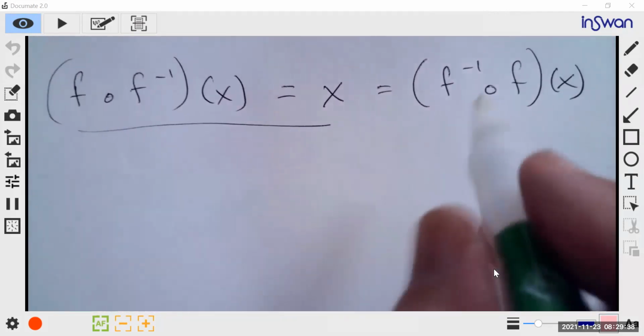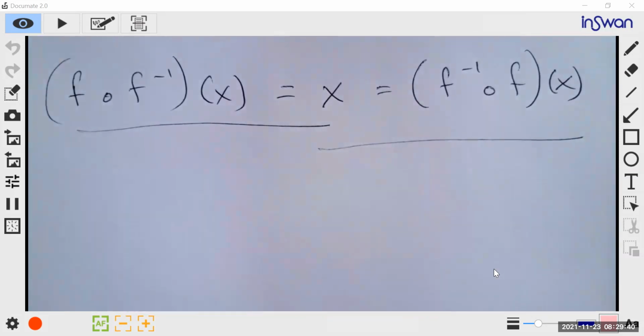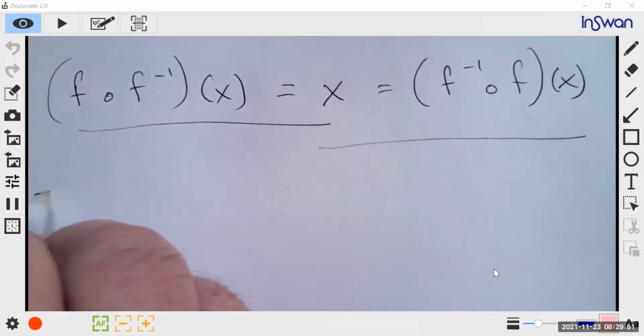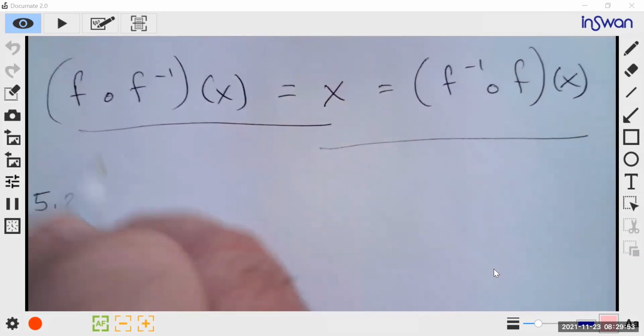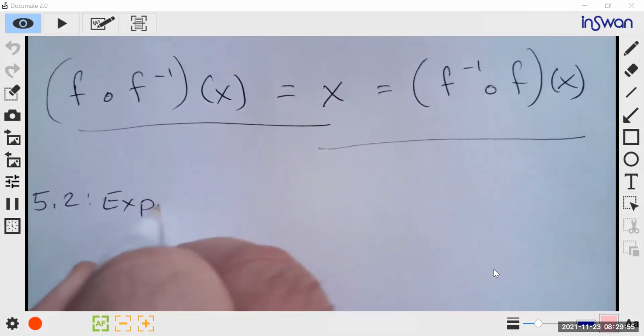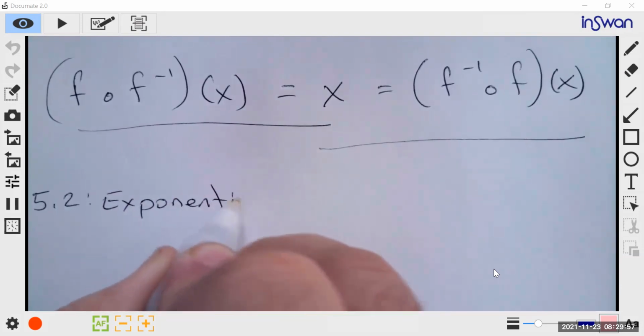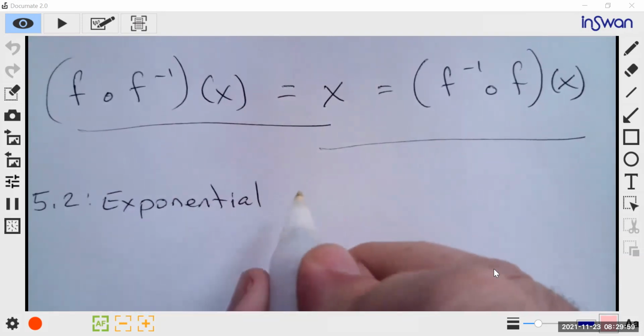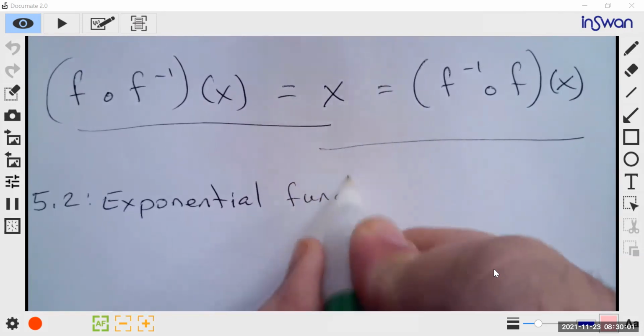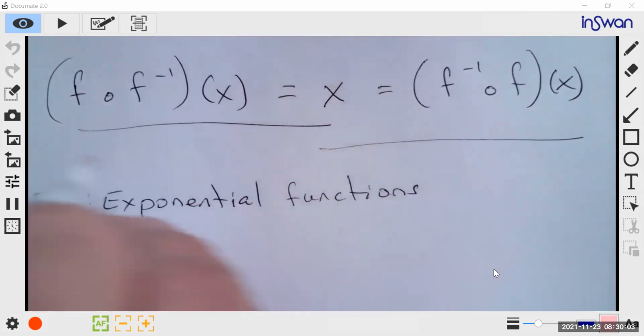They both have to equal x. That does it for section 1.